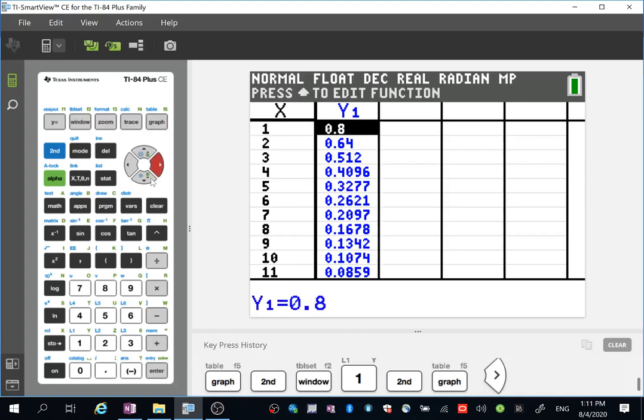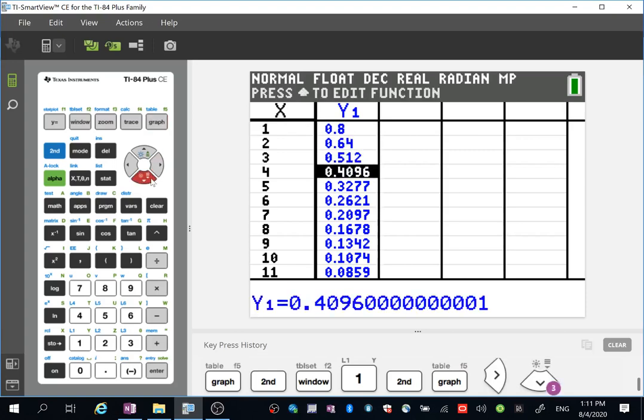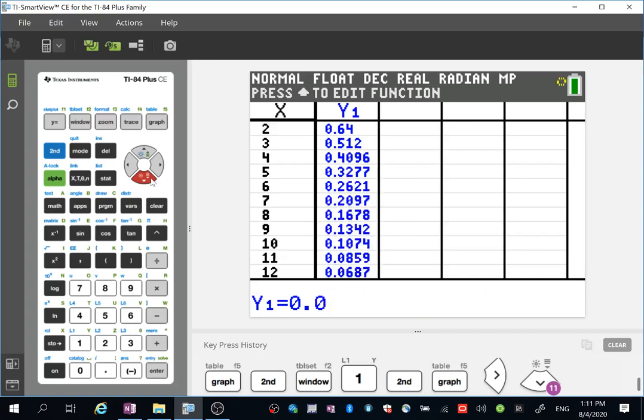Now you can see that x is my n value and Y1 is actually my left hand side value that I keyed in for probability Y equals 0. I want to see when the value of Y1 is first less than 0.05.